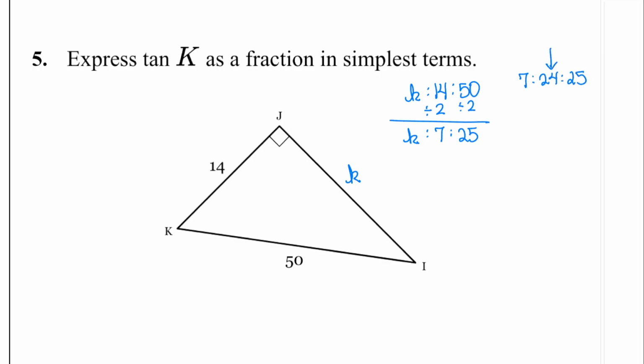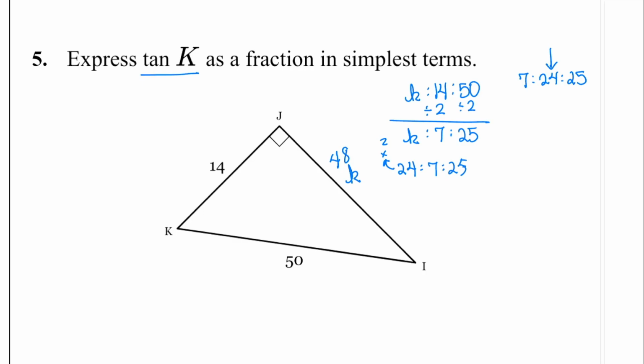So this is our missing ratio here. Now we know that we had to divide by 2 to get our 7 and 25, so all we're going to have to do is multiply 24 by 2 to get our missing side. So this one's going to be 48.